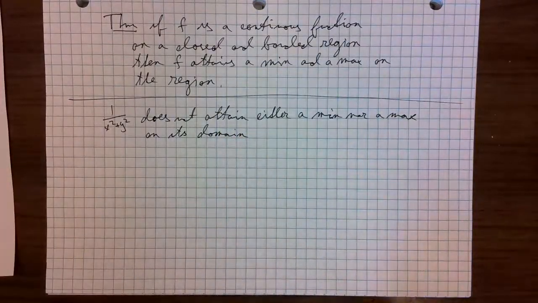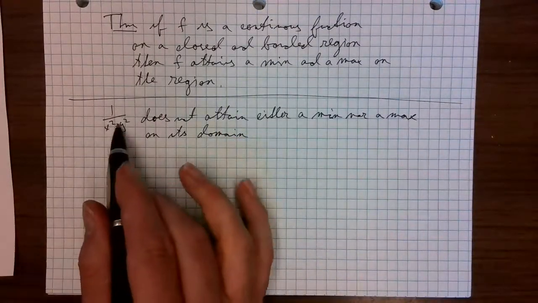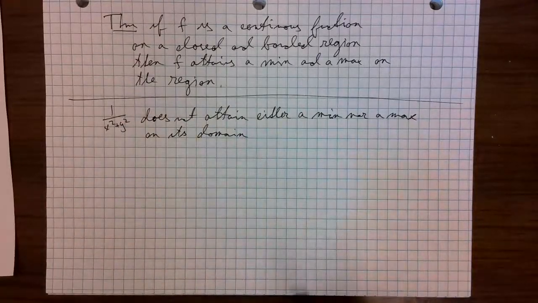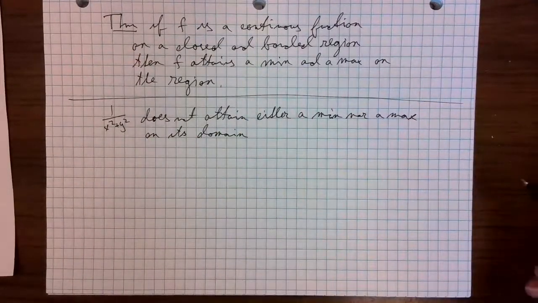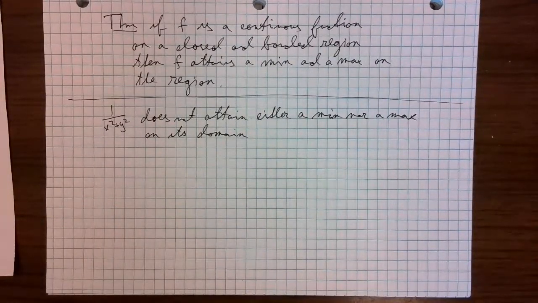If I take all the points x and y where this is defined, which means all the points outside of the origin, all the points where x and y is not 0, 0, then we saw that that's neither a closed nor a bounded region, and this is a function that does not attain either a minimum or a maximum.